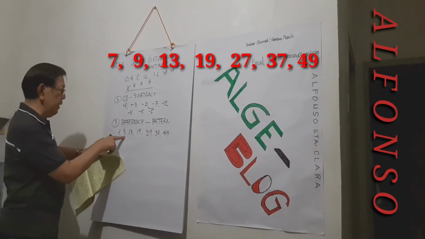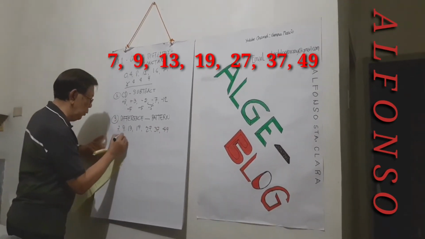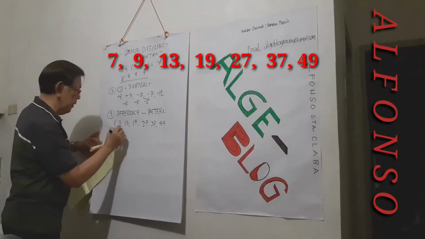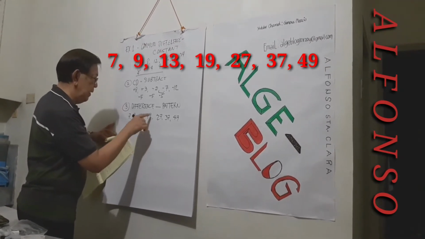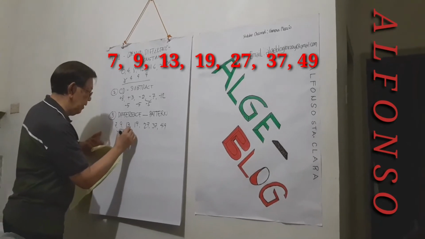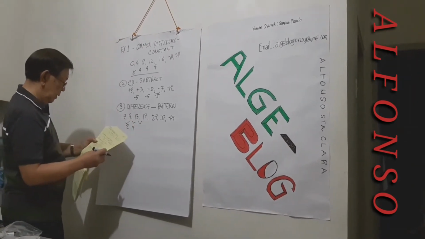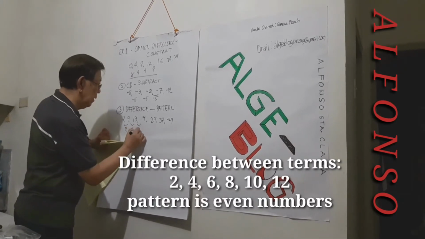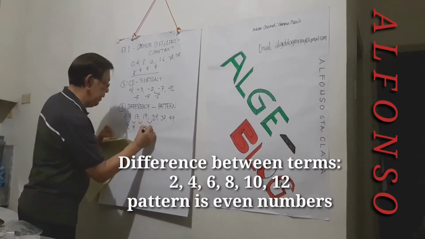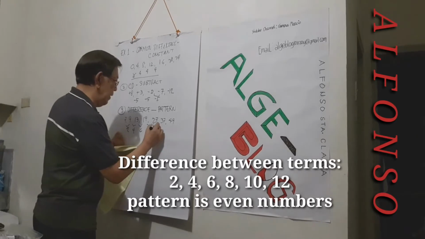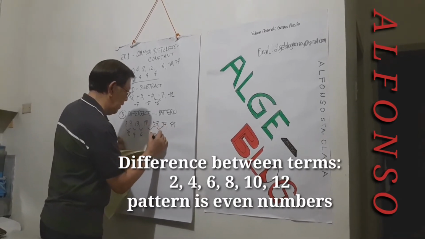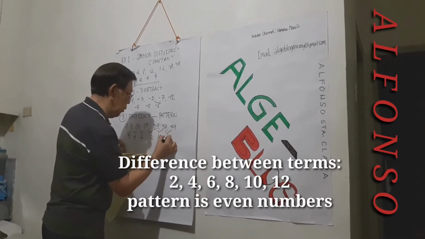Okay, 9 minus 7, you get 2. 13 minus 9, you get 4. 19 minus 13, you get 6. Then you get 8, and 37 minus 25 is 12.